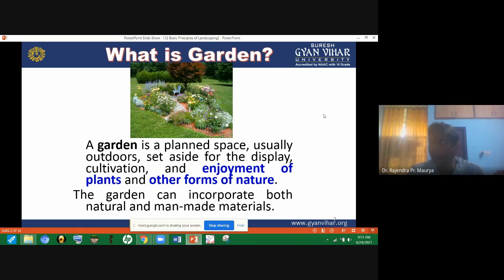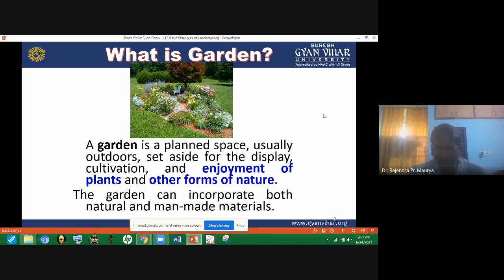So especially for family members, visitors, tourists, and travelers, they can enjoy these beautiful plants and other designs and forms of landscape in nature.